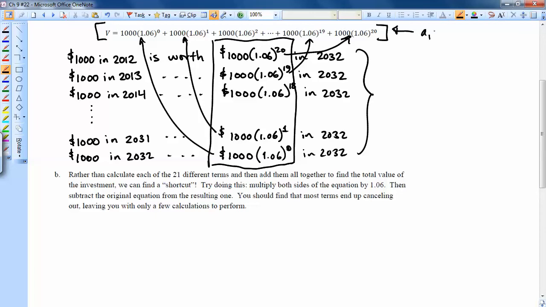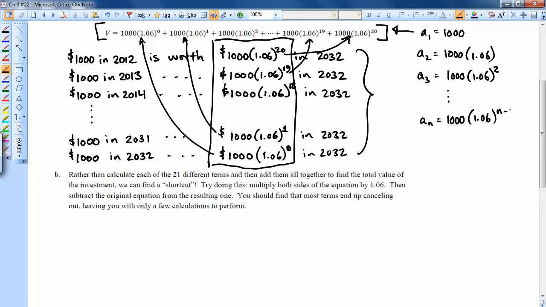The first term is 1,000 times 1.06 to the 0, which is still 1,000. The second term is the first term times some constant. The third term is going to be that one times another 1.06, right? The nth term is going to be 1,000 times 1.06 to the n minus 1.